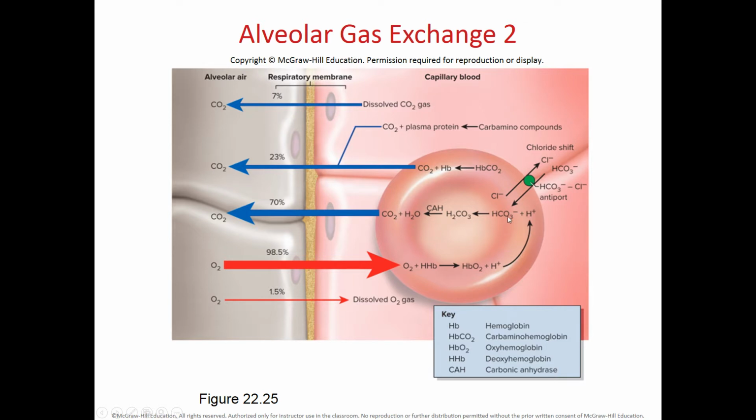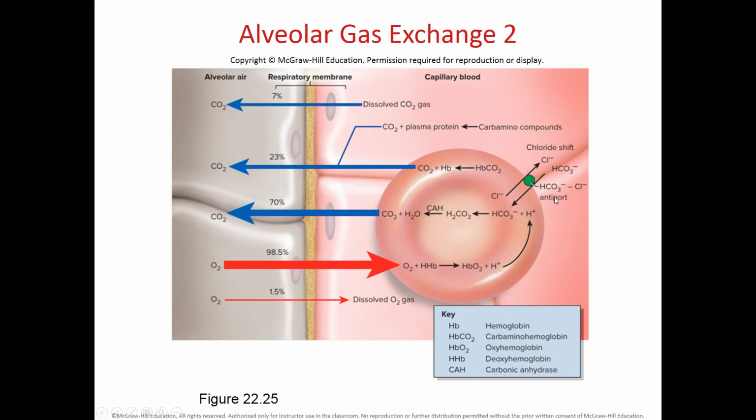And then this chloride shift that happened here, the reverse chloride shift, in which you bring HCO3, or bicarbonate ions, in exchange for chloride, is going to be important to bring these bicarbonate ions that are going to combine with this hydrogen that is coming from this oxyhemoglobin, and then you will form again this carbonic acid.